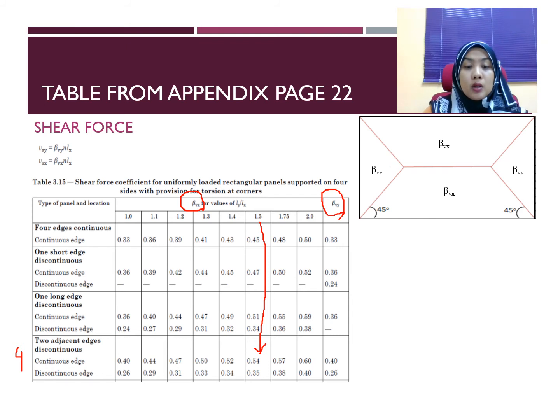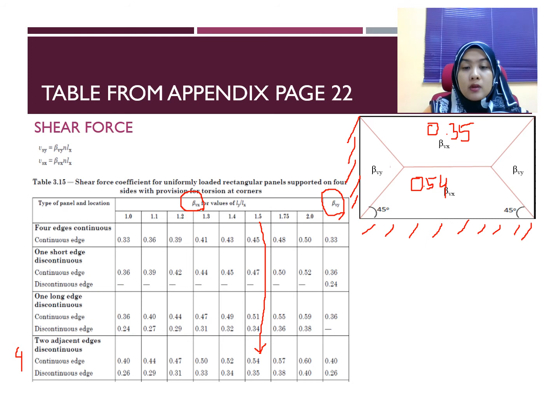So how do we know which one is the continuous edge and the discontinuous edge? It depends on our panel. For example, here is a continuous edge and the other side is a discontinuous edge. For the continuous edge, the value is 0.54 for beta Vx. For the discontinuous edge, the value is 0.35.